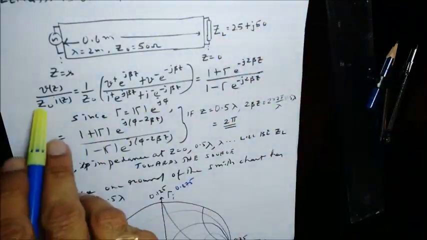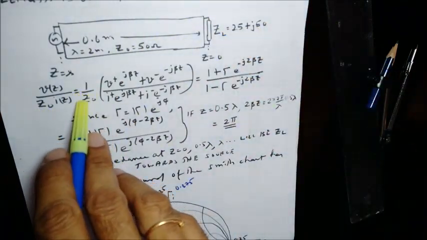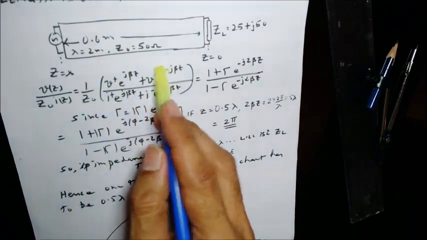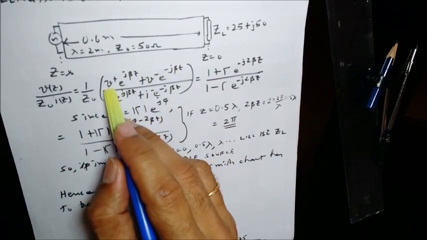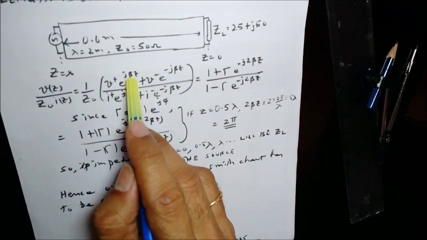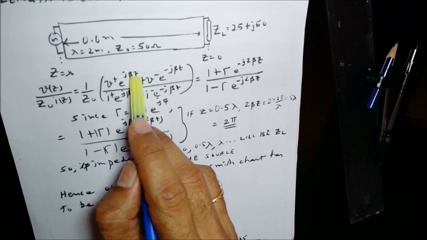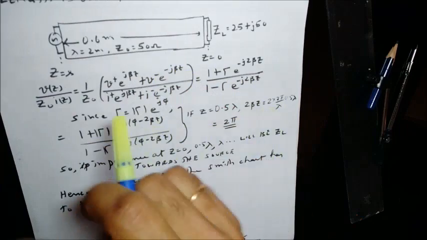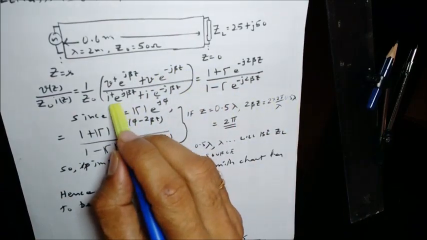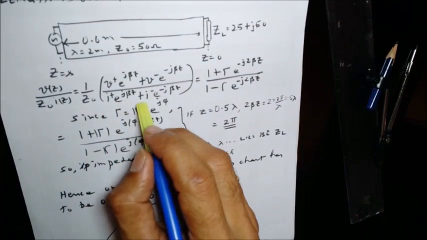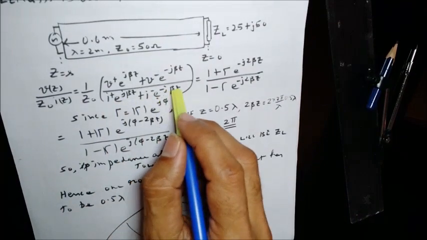And that turns out to be 1 by Z0 into, this is something that we had discussed in one of the very first videos on transmission lines, it is a lossless line, V plus e raised to j beta z, that is the forward propagating wave, plus V minus e raised to minus j beta z, the backward, the reflected wave, divided by the current Iz, which will be I plus e raised to j beta z plus I minus e raised to minus j beta z.